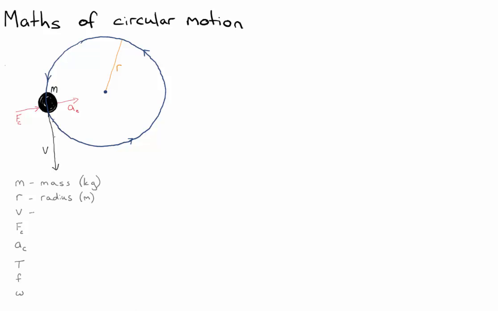We have velocity, which is in metres per second. We have force, or in this case we'll call it the centripetal force, and that's measured in newtons. We have the acceleration of the motion, also known as centripetal acceleration, and that's measured in metres per second squared.